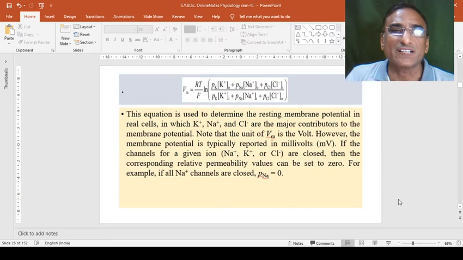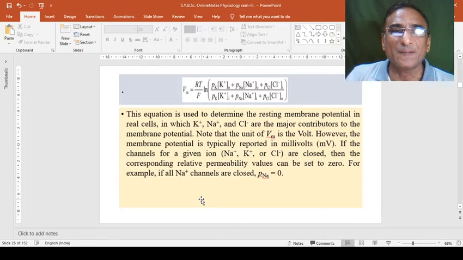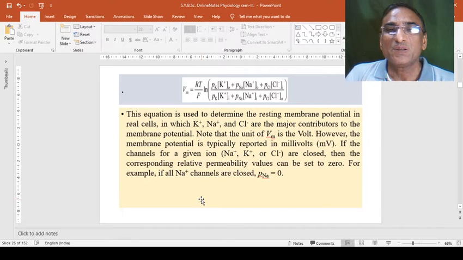Of that particular cell is calculated. We will see further the equation used to determine the resting potential in real cells, in which potassium, sodium, and chloride ions are the major contributors and play a key role in the membrane potential.